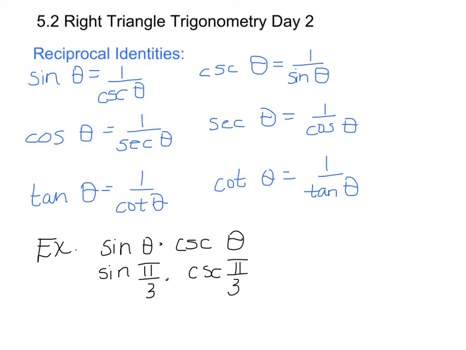Well, we know that, and it doesn't matter which one you change. Say I wanted to change cosecant. So we know from our above identities that cosecant is 1 over sine of the same angle.